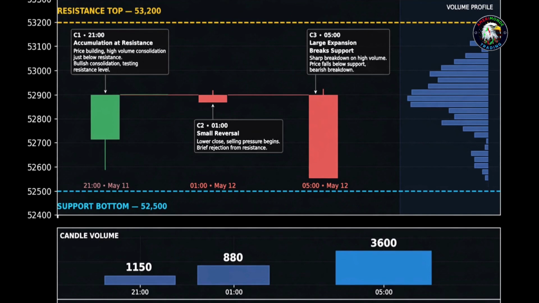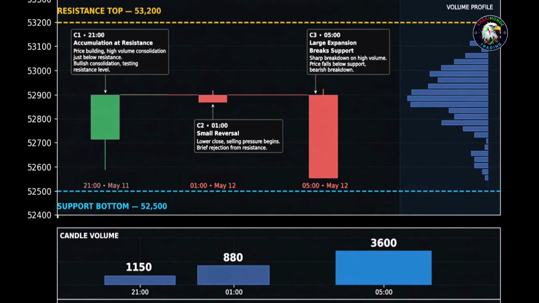C3 at 5 o'clock, large expansion, breaks support with high volume, 3600 volume compared to 1150 at C1. So where is the support at 52,500? When is 5 o'clock? When where and when meet at the same time, that's a high probability sniper entry.